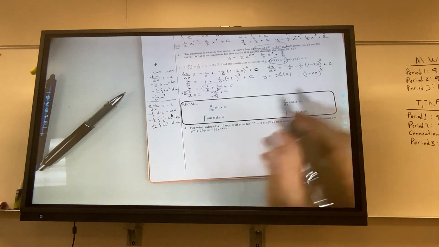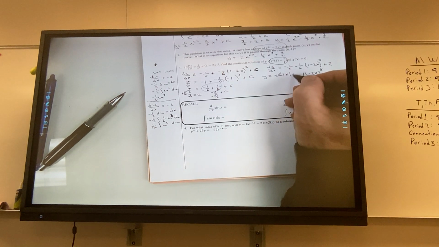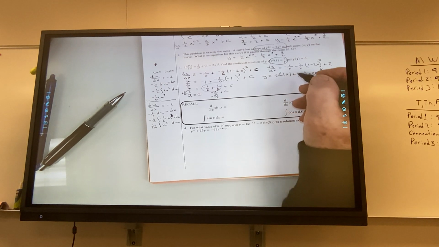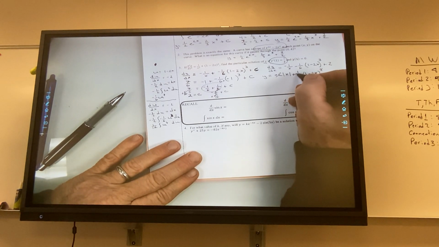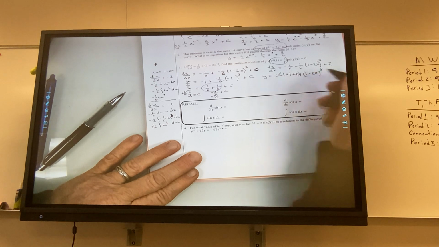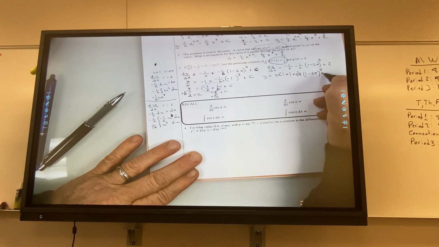So my coefficient becomes positive what? 1/48. 1/48, perfect. Plus, what's this going to become? 2x. Perfect, plus c, correct?